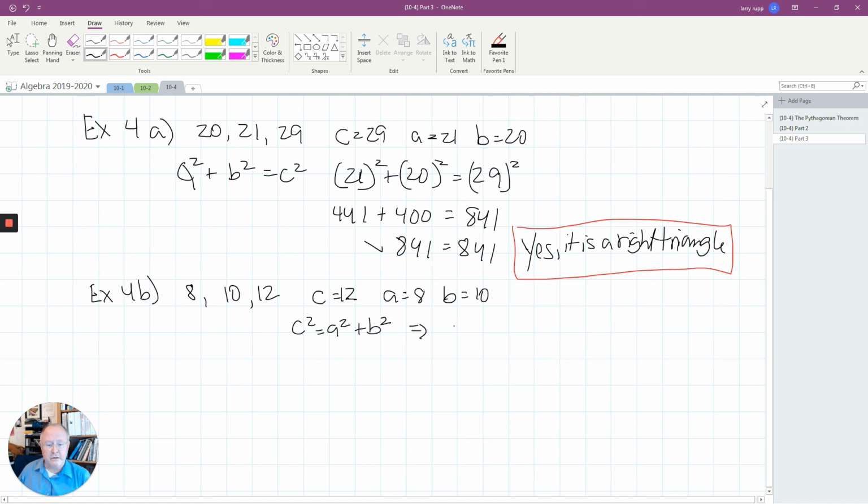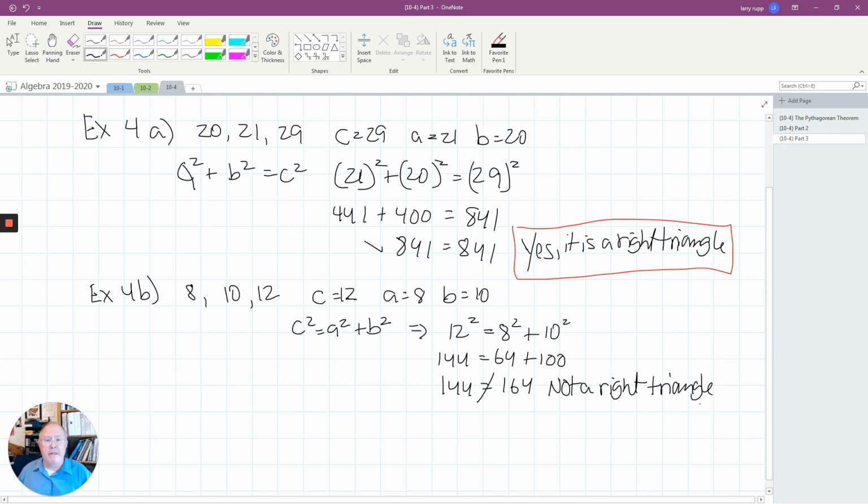So 12 squared, a is 8, and b is 10. We have 144 is equal to 64 plus 100. That gives us 144 equaling 164, and that does not hold. So therefore, this is not a right triangle. It's really that simple to determine whether three numbers constitute a Pythagorean triple or not.